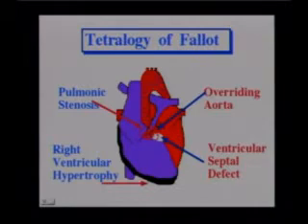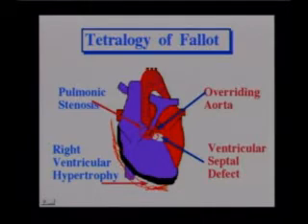So it's a reduced blood supply to the lungs. This in turn causes right ventricular hypertrophy. So the right ventricle will enlarge. Now notice that those 2 defects go together, the pulmonic stenosis and the right ventricular hypertrophy.